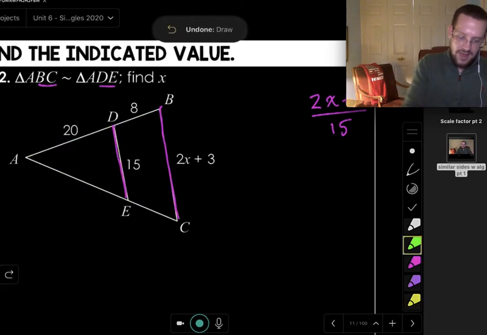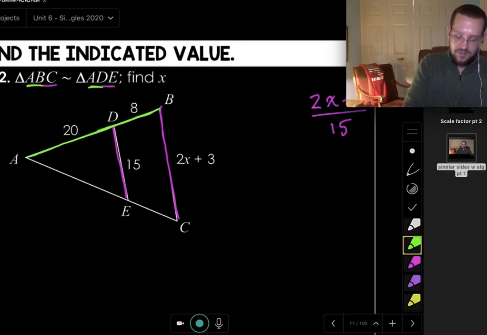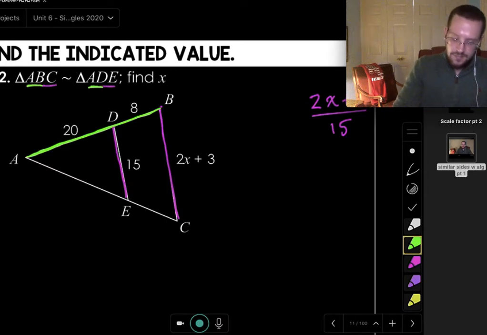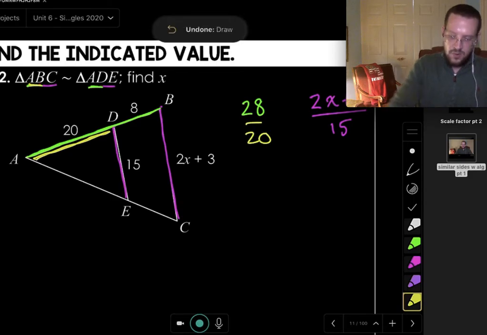So let's look at AB, because it looks like AB and AD are corresponding. Well, AB is this whole thing. It looks like AB is actually AD plus DB, which is 28. And AD, this one, is just this piece, which is 20.